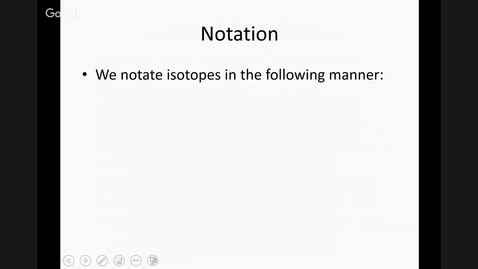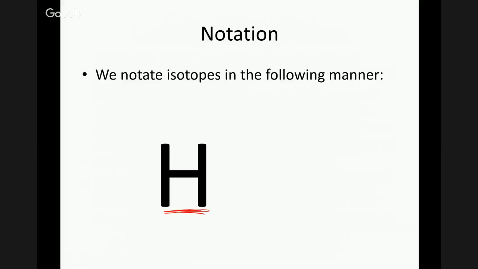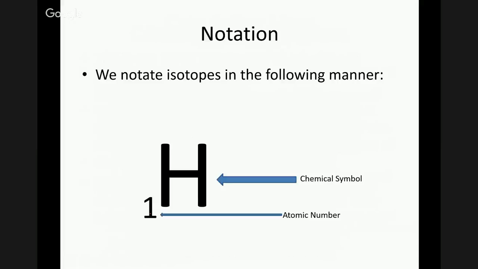All right. How do we write this? Well, we notate isotopes this way. We write the chemical symbol, and then down here we put the atomic number. That tells us how many protons.